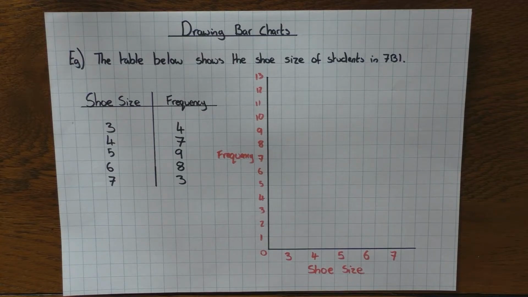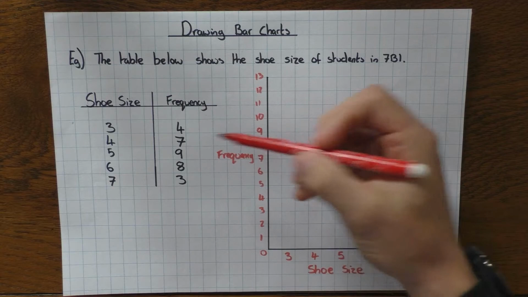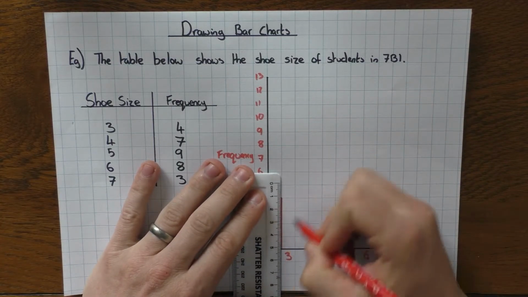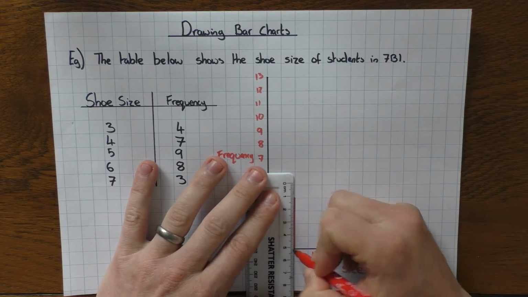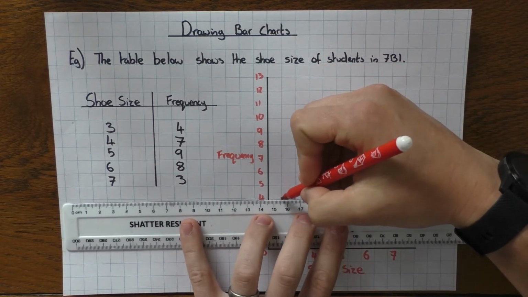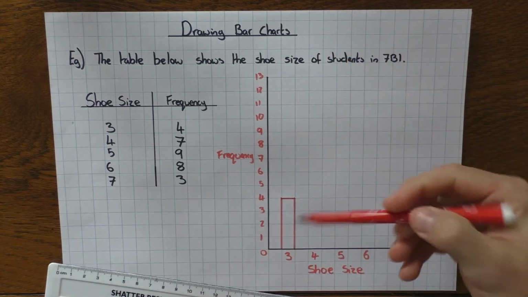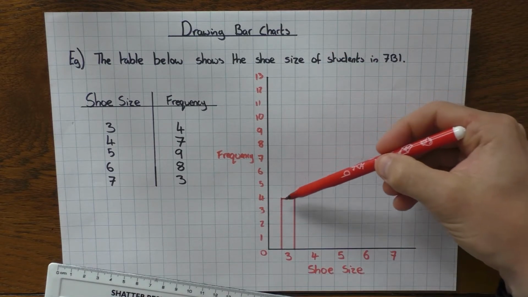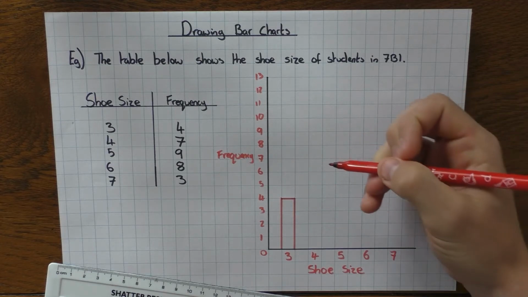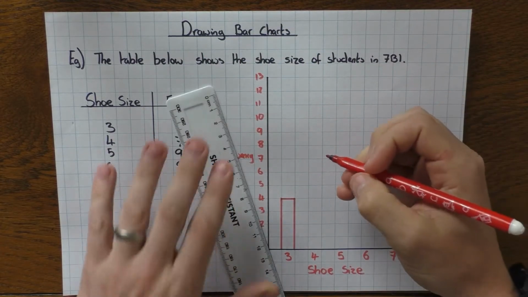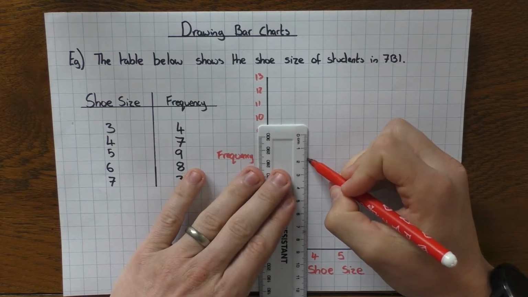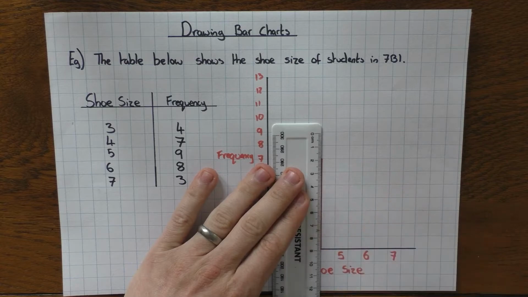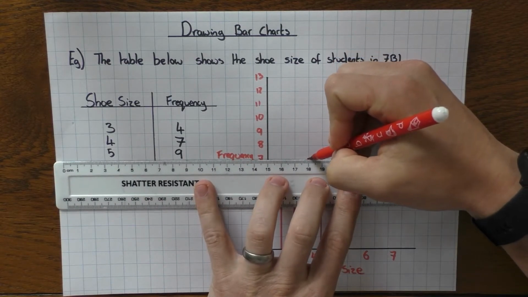Okay, so let's start drawing the bar chart. So shoe size 3, it goes up to 4. Like so. Okay, and again, check on your bar chart if you try to spot mistakes that each bar does go up to the right amount. So shoe size 4 is 7. Let's quickly draw that one, like so.